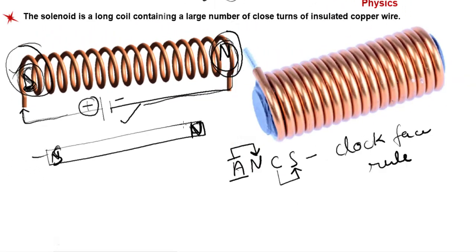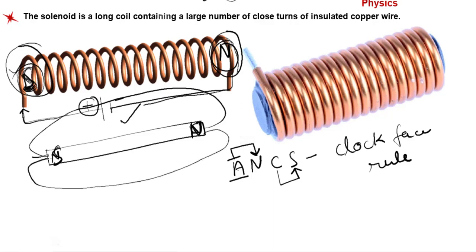And the magnetic field lines will be emerging from the north pole and going into the south pole. As the magnetism was defined in a bar magnet, the same will be here. The magnetic field pattern will be exactly like the bar magnet.